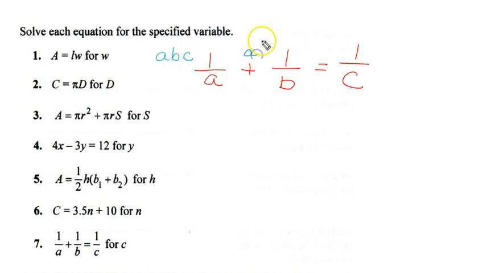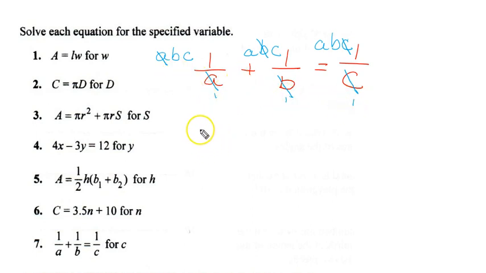So we have to multiply each term by a, b, c. Now here the a's cancel out. Here the b's cancel out. And here the c's cancel out. So now these are all just 1.